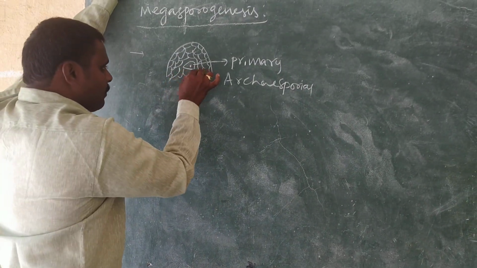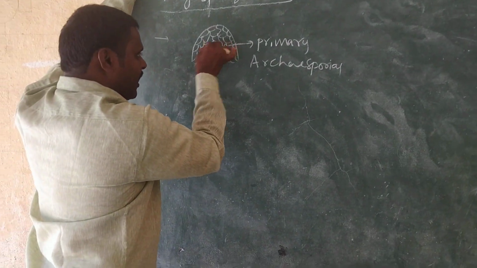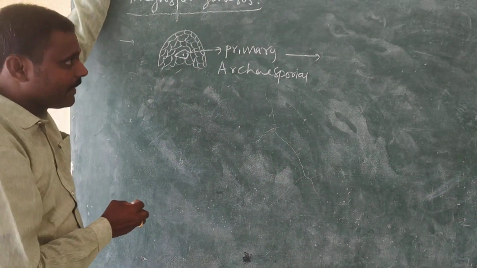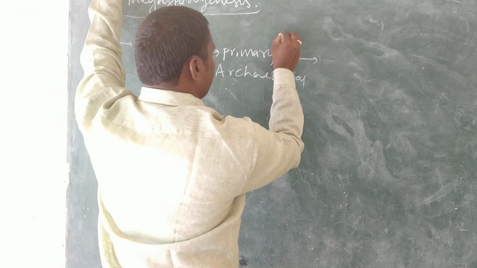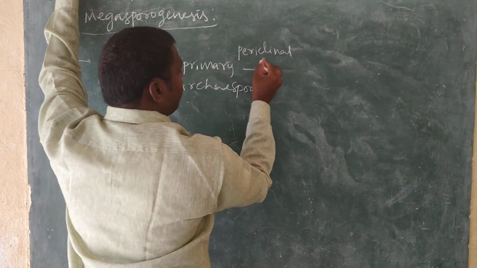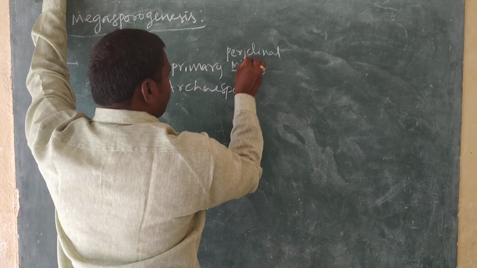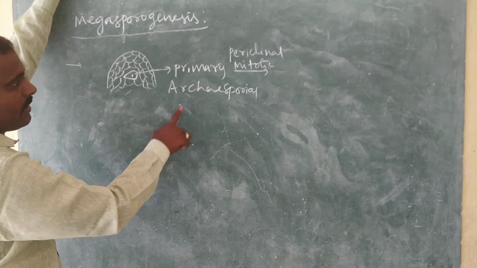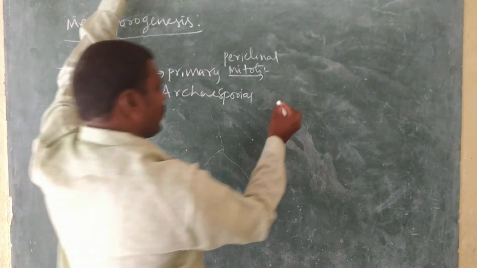After formation of the primary archisporial cell, what will happen? This primary archisporial cell undergoes periclinal mitotic division.